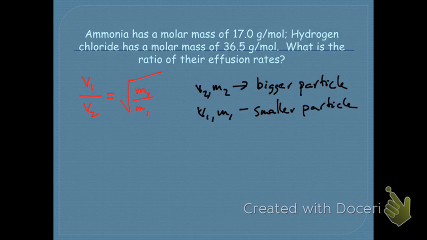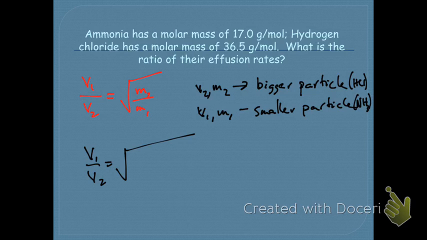So if I plug this in, V1 over V2 equals, so ammonia is 17. The bigger particle is hydrogen chloride, so I'll put that there, and ammonia is smaller.